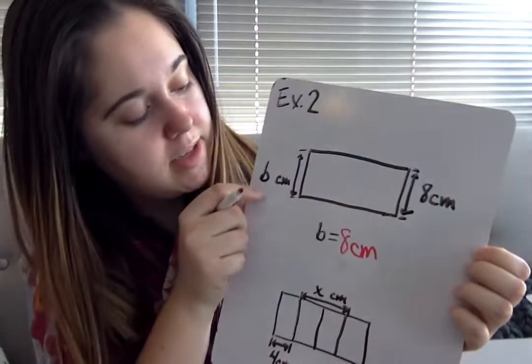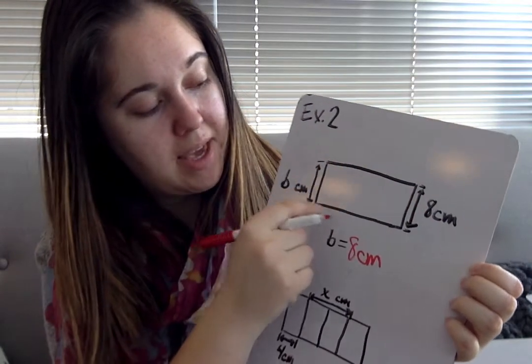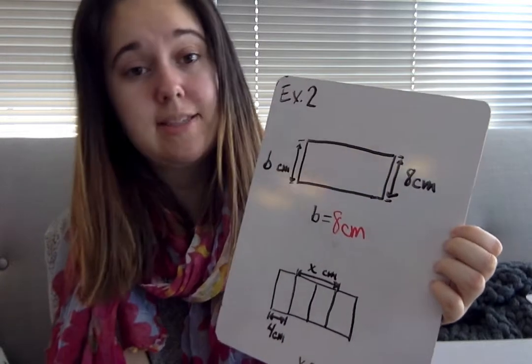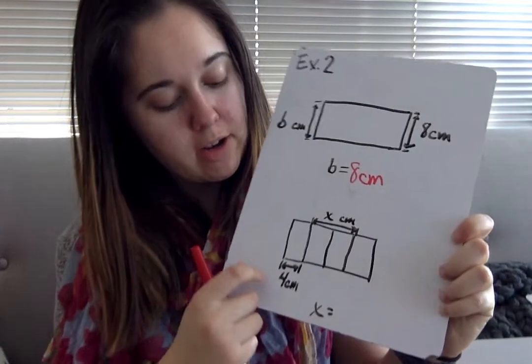As we see B's here, B has this length here, and that length there is 8 centimeters. They have to be the same because it's a rectangle. All right, so now, given that this second rectangle is divided into 4 equal parts, we need to figure out what X represents. So it's 4 equal parts.